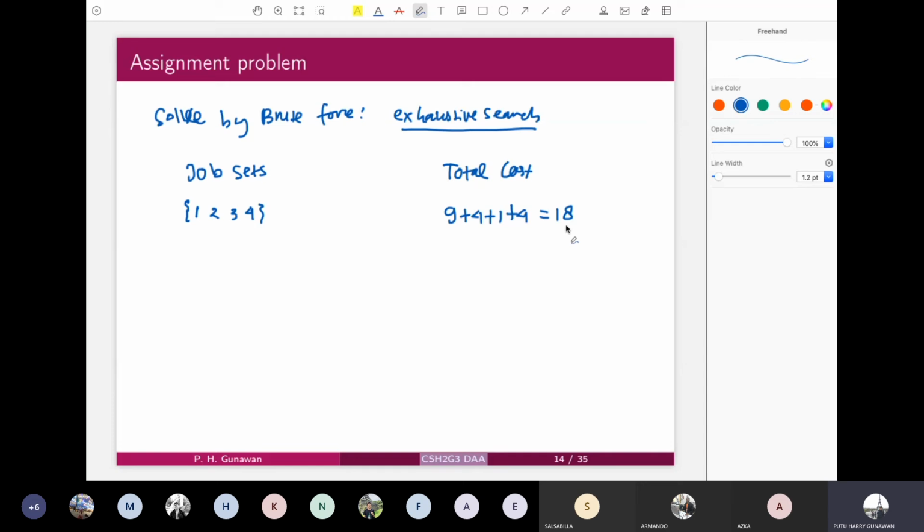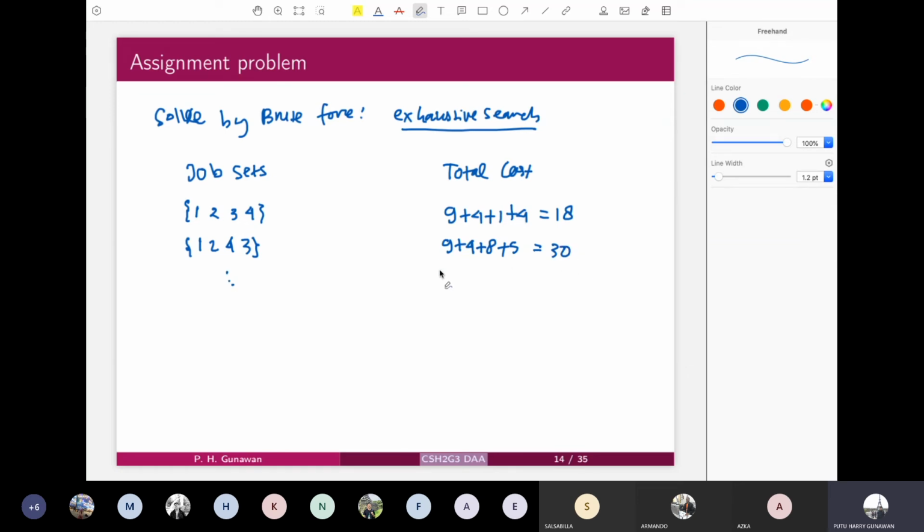Or maybe you can find, for instance, that you can generate 1, 2, 4, 3 and so on. You will find this one is 9 plus 4 plus 8 plus 9, equal to 30, and so on.